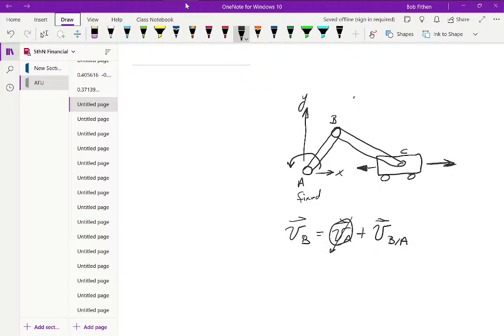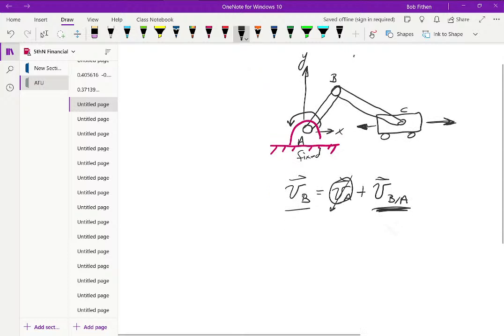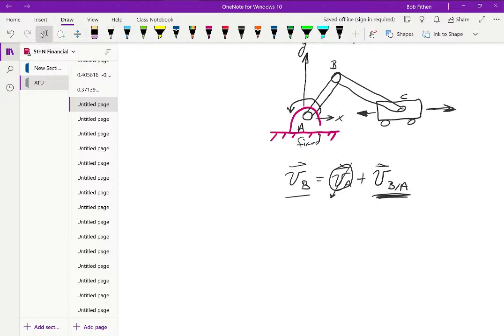So the velocity of B relative to A is simply the velocity of B, meaning this thing is fixed. And that's the case. Now, it turns out later on, this is going to be the key, because we will find out that this basically is an omega r.